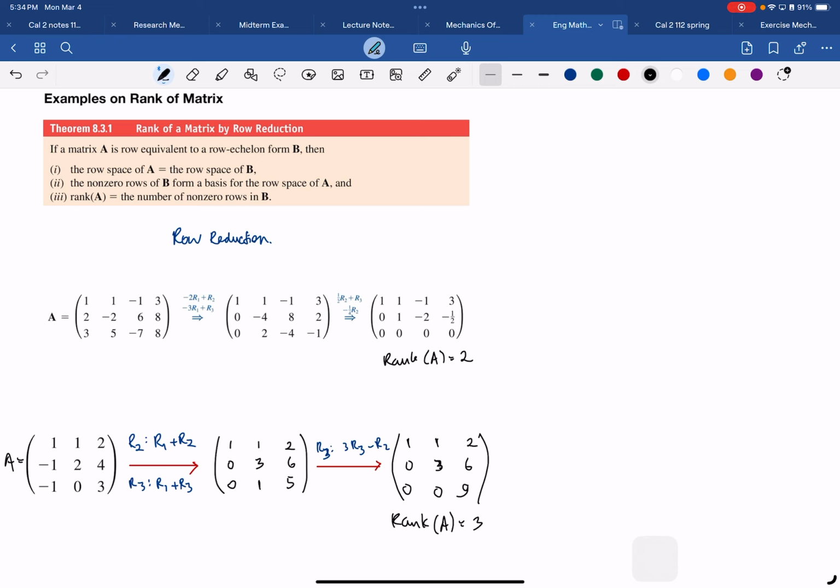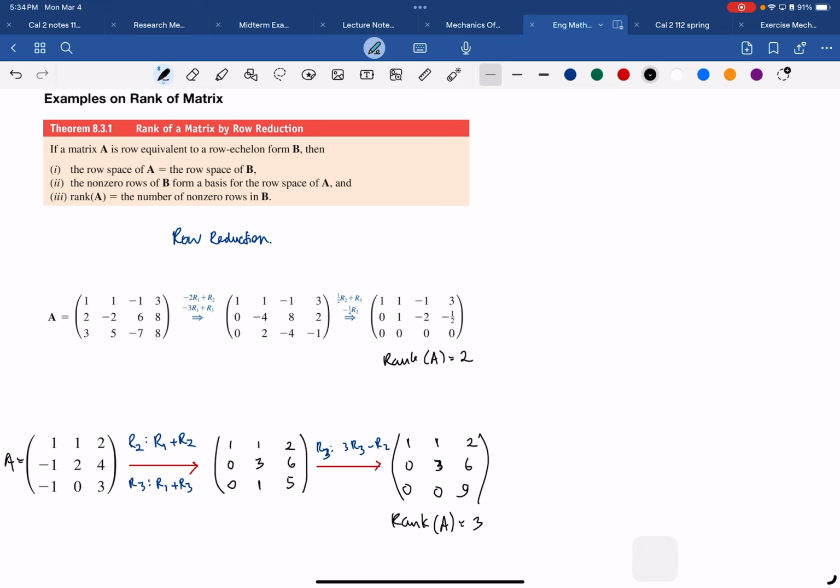We are going to try to make the last row zero. If we can't, for example in this 3 by 3 matrix, the last row somehow cannot be zero, then we say this is a full rank matrix, rank three. That is how practically we can find the rank.